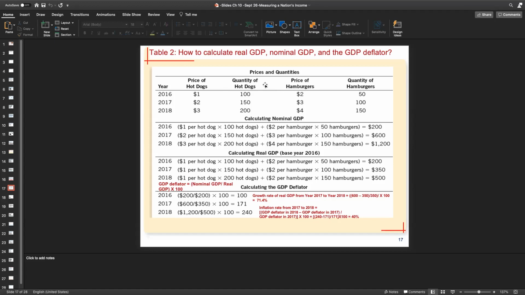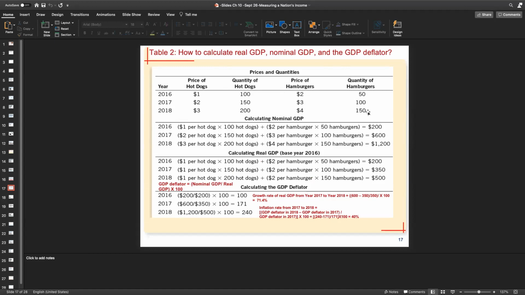So in 3 years, 2016, 2017, and 2018, we have the price of the hot dogs in the first column. We have the quantity of the hot dogs in the second column. And also we have the price of hamburgers in the fourth column and the quantity of hamburgers in the last column.